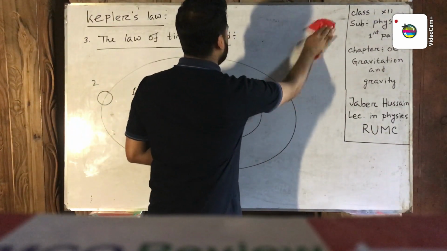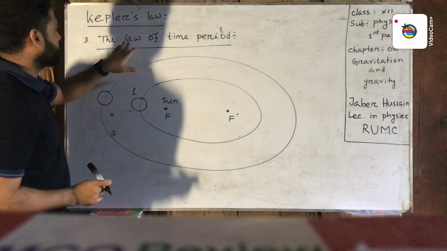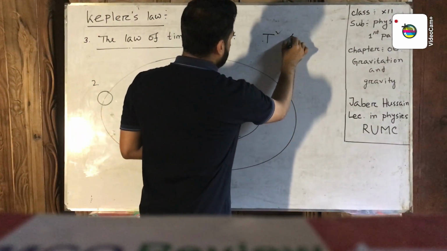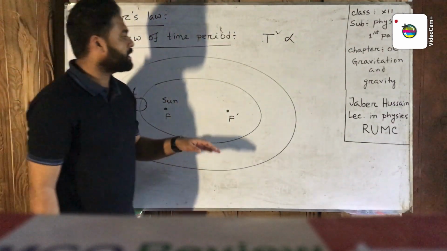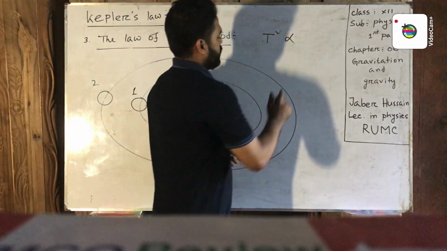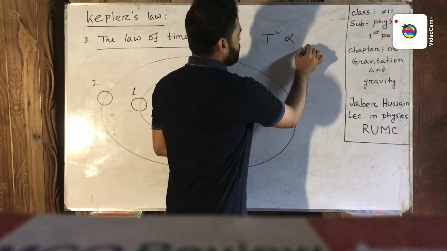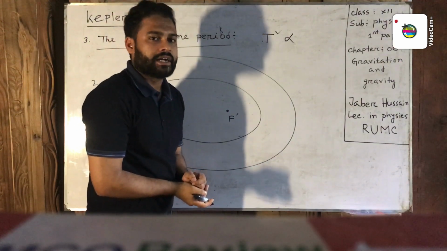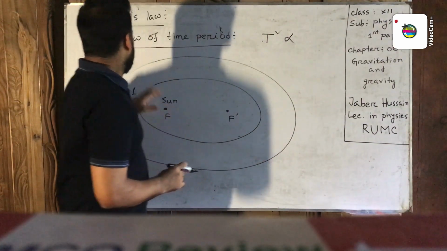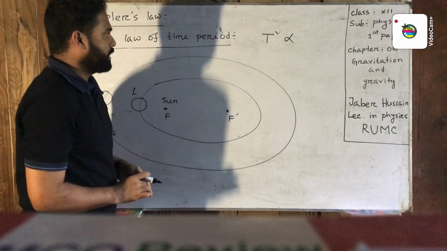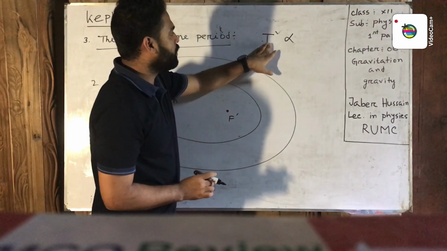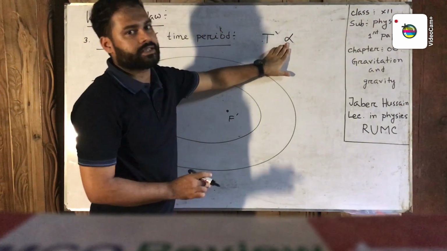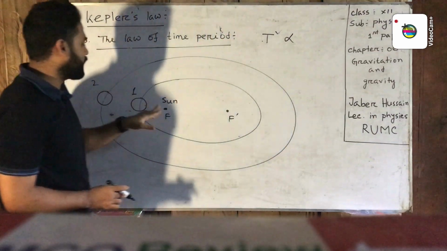Now according to the law of time period, the square of the time period is directly proportional to the cube of the average distance between planet and sun.